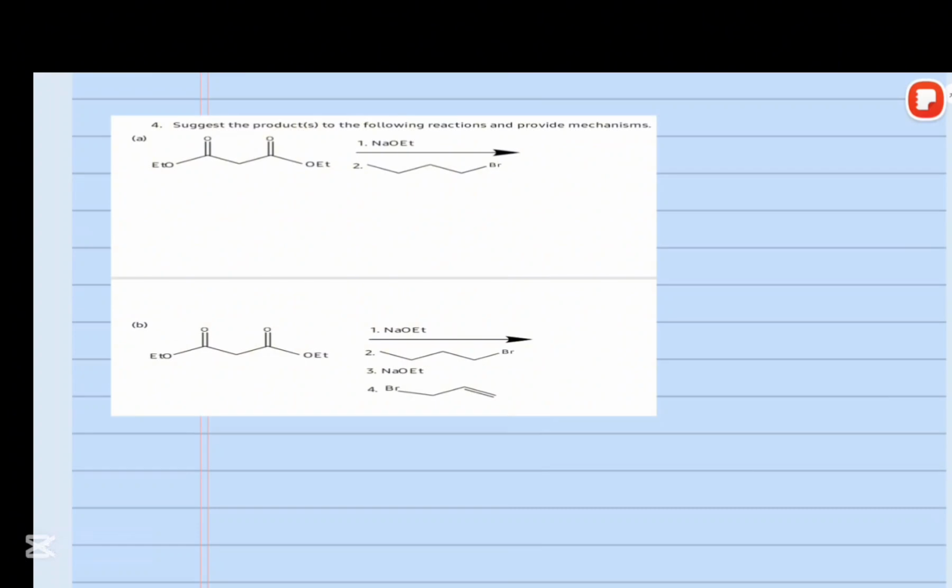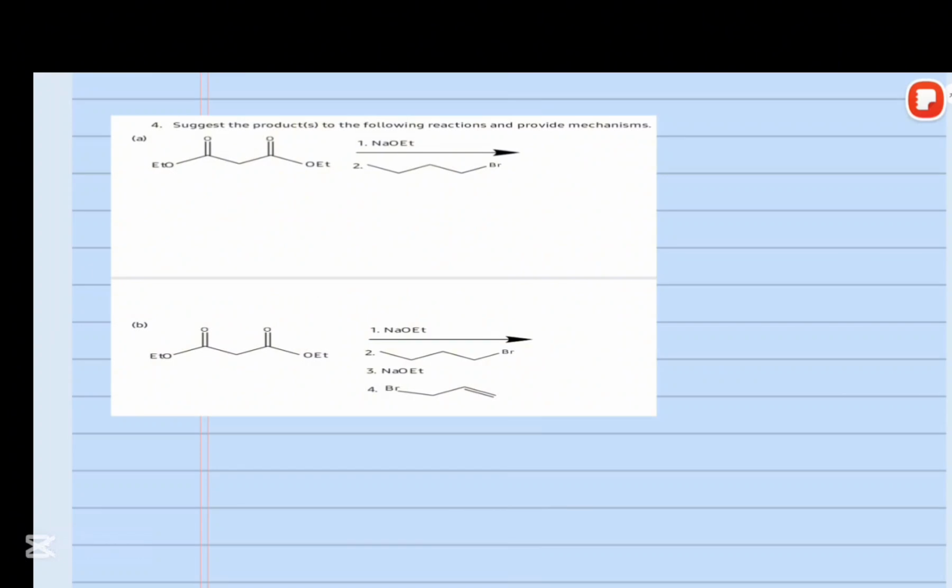The key part of the question is we need to suggest the product or products, and also provide the reaction mechanism. So this is the first question, and this is the second question. Let us handle this problem. We'll start with question A.